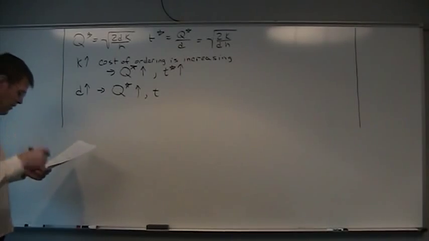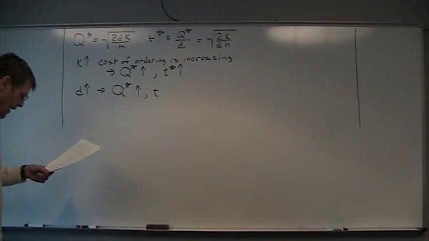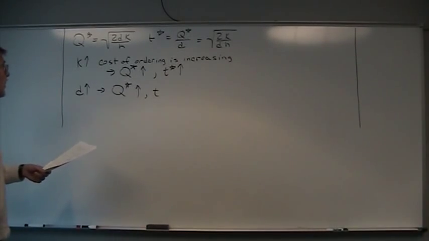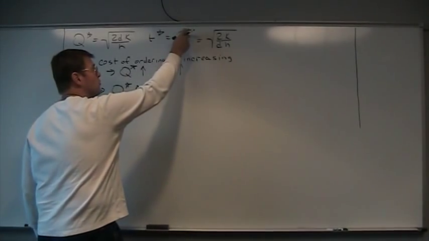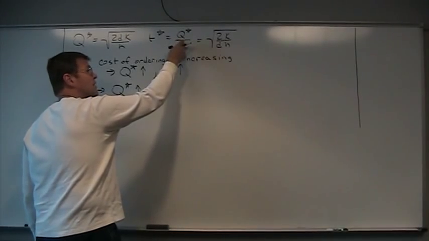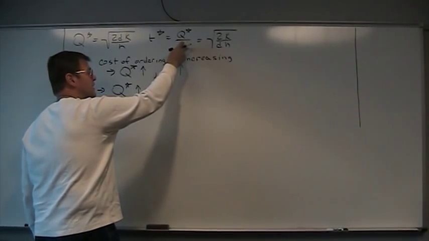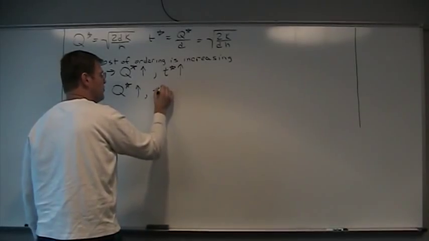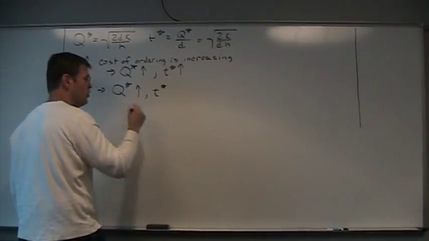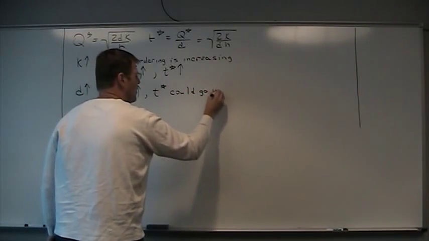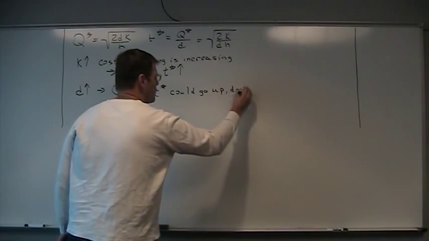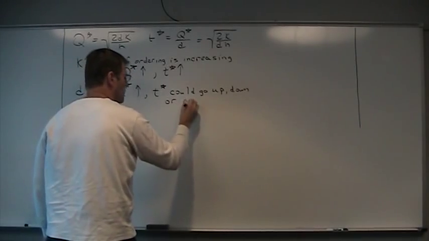Maybe, maybe not. It really comes down to how much Q star increases relative to how much D increases. So T star could go up, down, or remain the same.